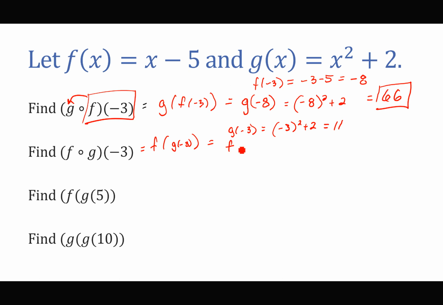Now I'm going to do f of this new number that I found, just f of 11. So f of 11 would be 11 minus 5 to end up with 6. And there's our final answer. Right, so that initial input that they give you, in our case was -3, put that into the first function, get a number, put that new number into the next function.